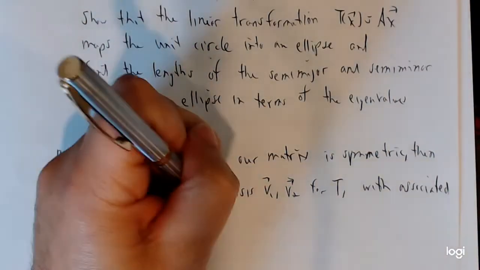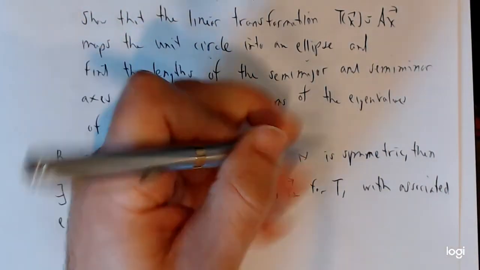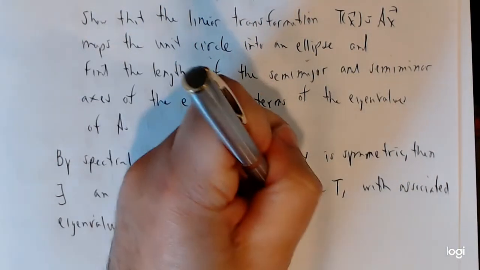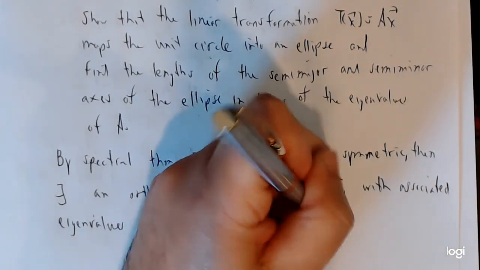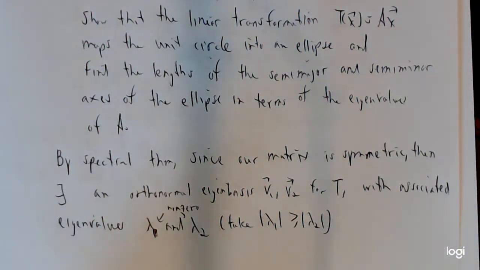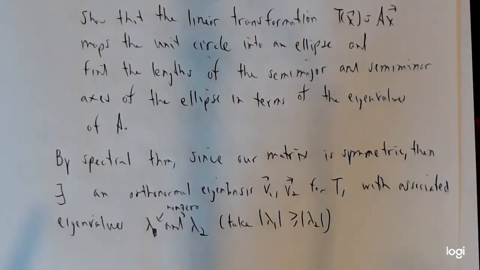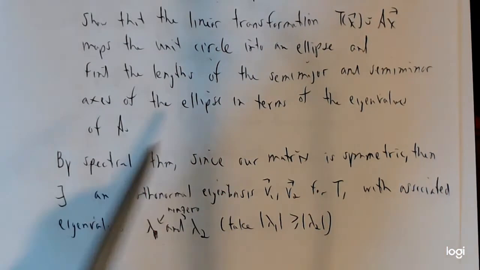Okay, so now we're also going to make an assumption. We're going to say, look, the absolute value of lambda sub 1 is greater than or equal to the absolute value of lambda sub 2. This is just to say, let's assume that lambda sub 1 has the larger magnitude. We don't have to. We could have also switched it around the other way, but there's a reason why we're doing this: then the semi-major and semi-minor axes will be easier to see.